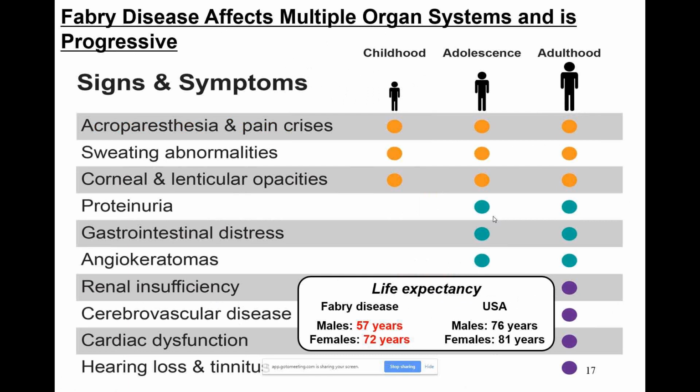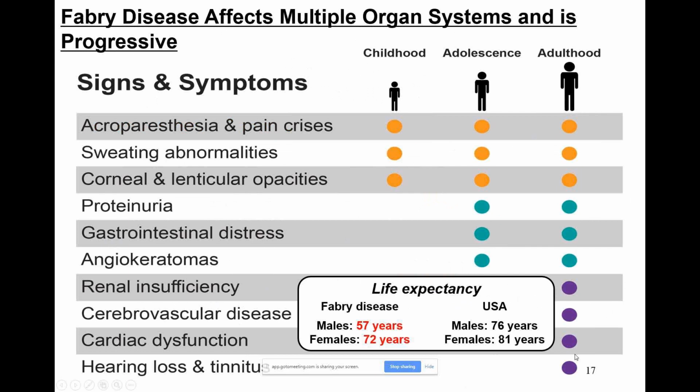Now again, just to reiterate, many of these lysosomal storage diseases can affect many different types of organs. For the example of Fabry disease, where we have a glycosphingolipid that's accumulating, we see certain symptoms appearing early in childhood, such as pain. They have cloudiness of the cornea and the lens. As we go to adolescence, some other symptoms appear. They have gastrointestinal pain and distress. They have angiokeratomas, which are lesions in the skin.